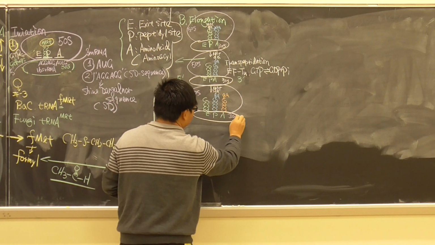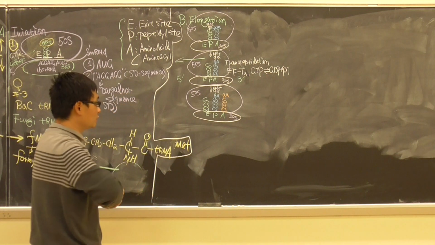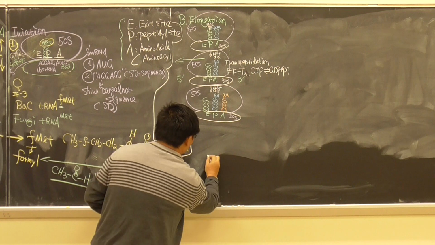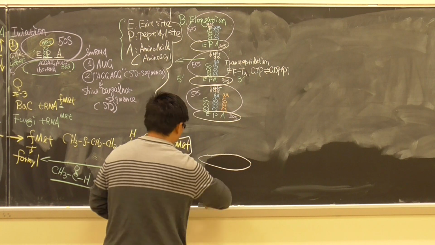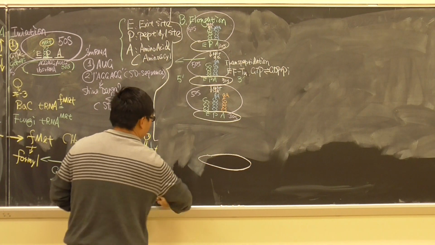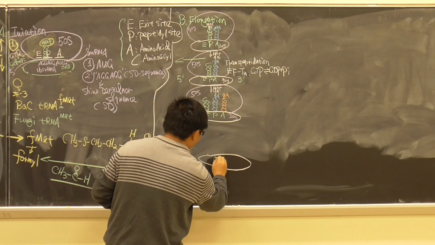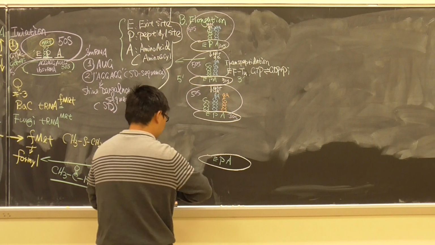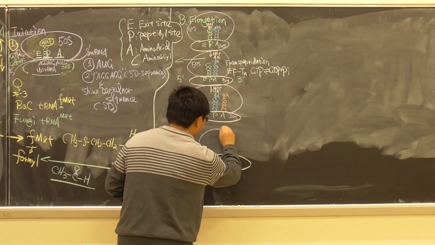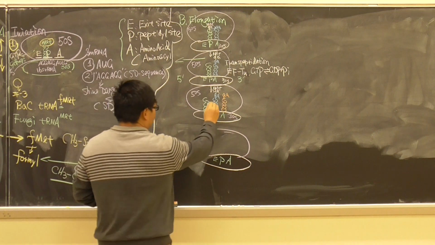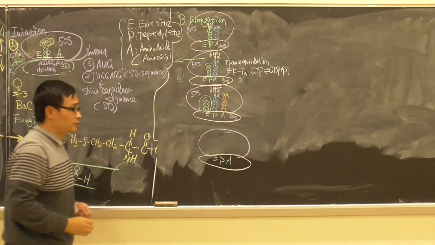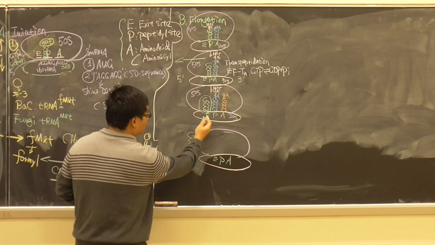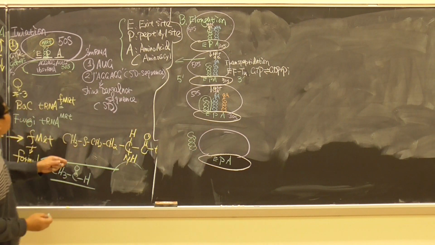Now of course you have a big package, the 50S subunit. Okay, next, what's going to happen? If we draw the last one here, we still have EPA, 3 locations. First of all, the empty tRNA will release, because when they are at E, we call it the exit site.